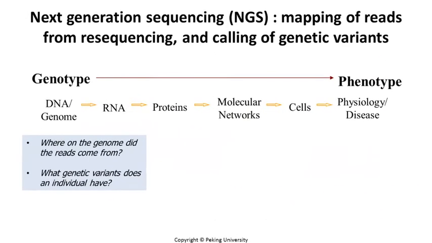To sequence one person's genome, next-generation sequencing technologies generate about 900 million 100 base pair short reads. How can we reconstruct this person's genome and identify his or her genetic variants using the reference genome as a template?